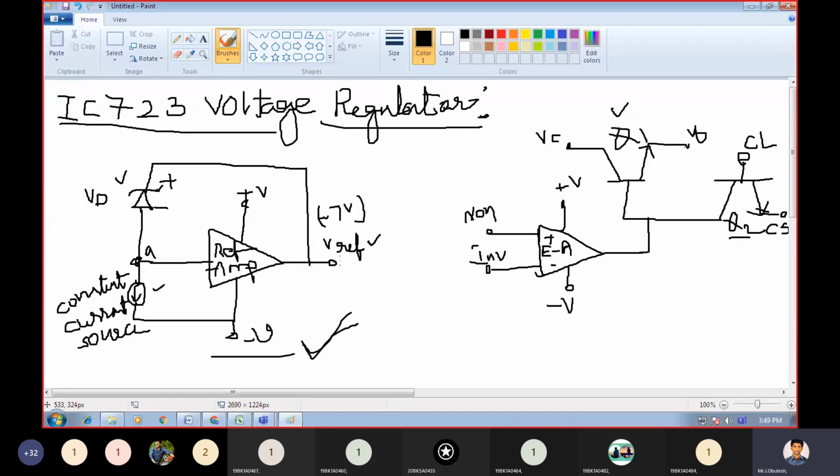So you need to connect the non-inverting input terminal to V reference, and the inverting input terminal to this V0.